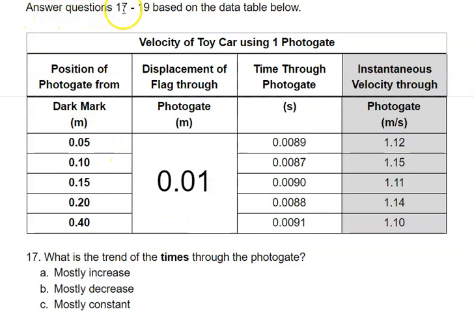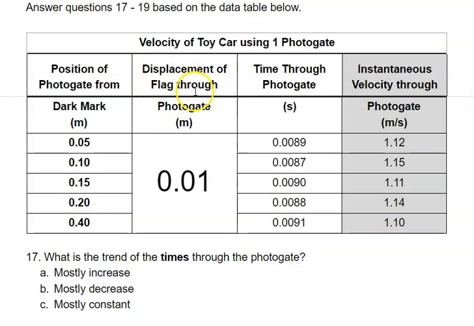Answer questions 17 through 19 based on the data table below. So we have a data table, velocity of a toy car using one photo gate. And we have labels on top of the columns: position of photo gate from the dark mark in meters, these numbers.